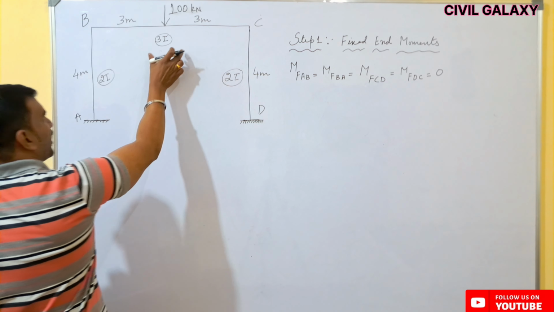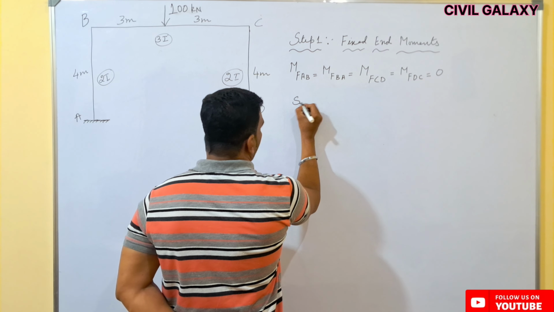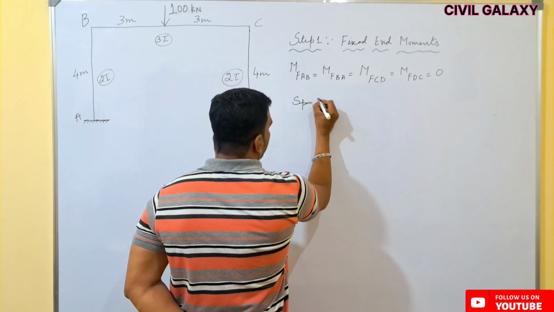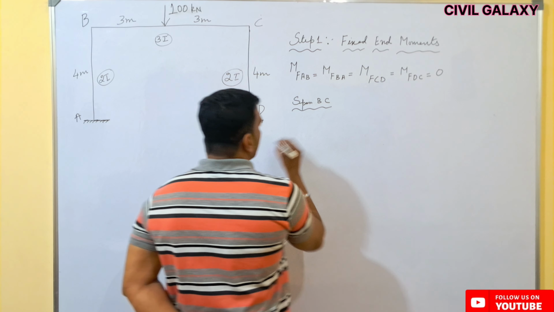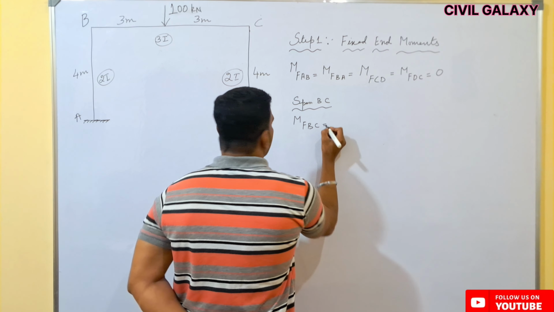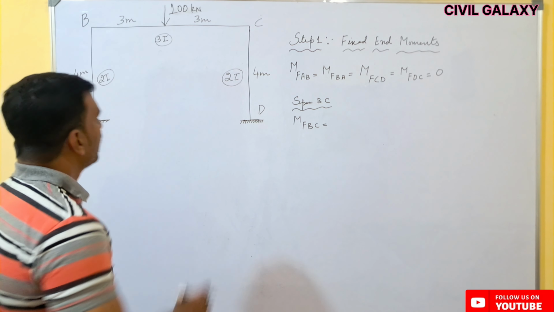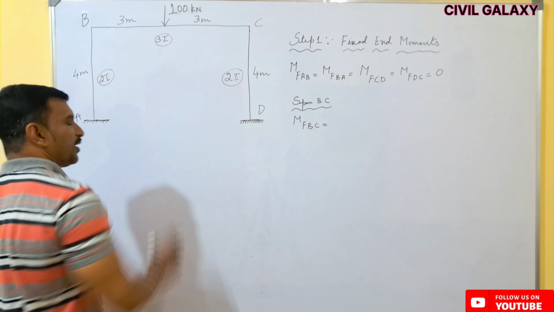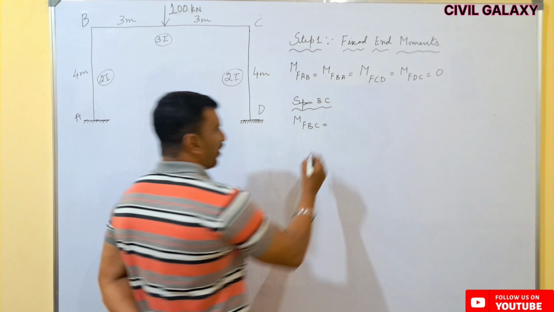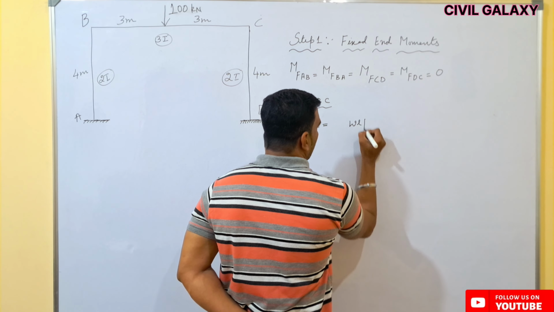Now if you want to find the fixed end moment for span BC, the fixed end moment from B to C, since we are coming from left to right and we have a central concentrated load, we know the formula is WL upon 8.